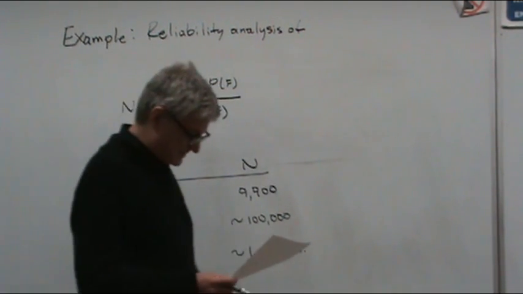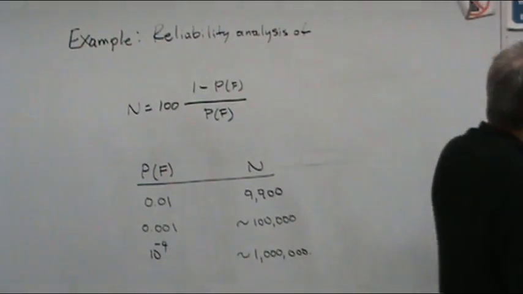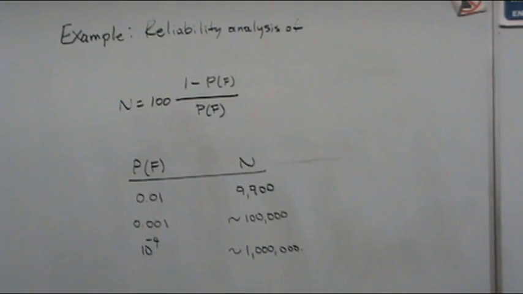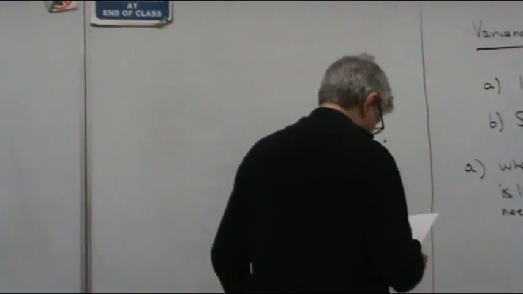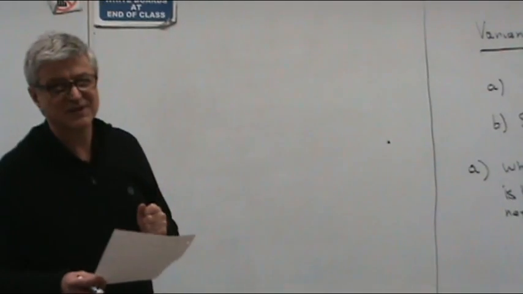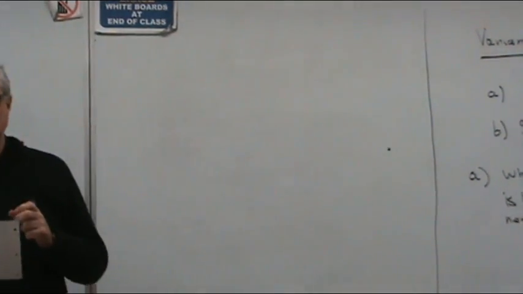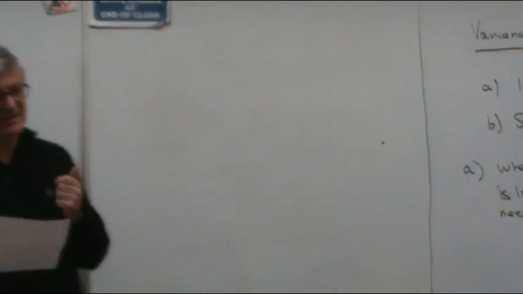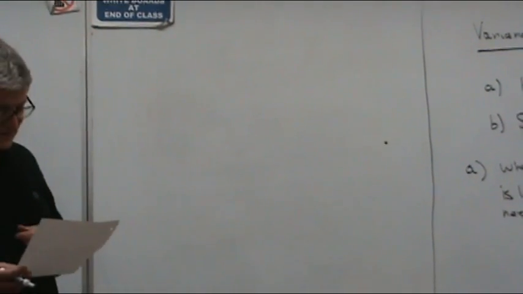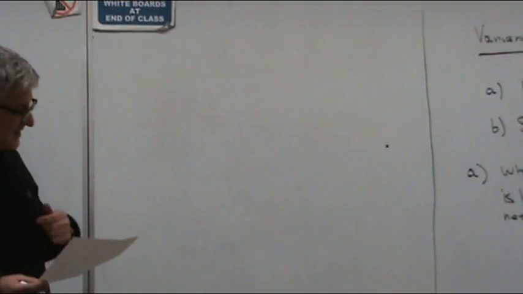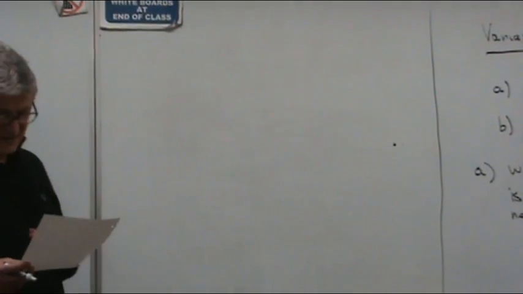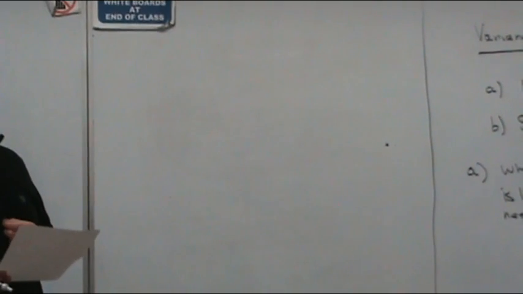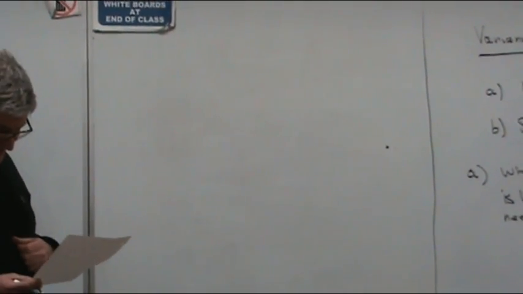So that's why we use importance sampling to reduce that number. So the idea of importance sampling is to use a sampling distribution that is different than the true one, and it causes more failures. And then you scale every failure by the likelihood to observe that, the likelihood ratio.